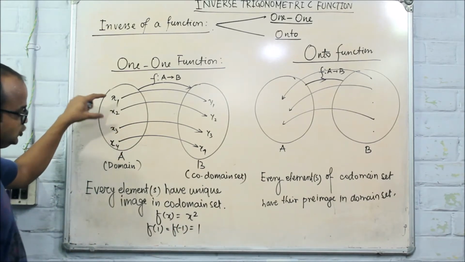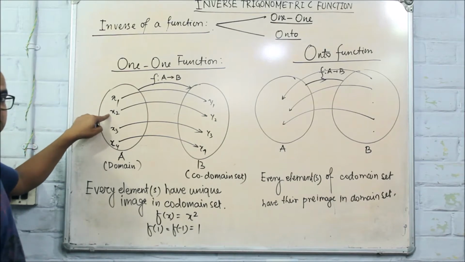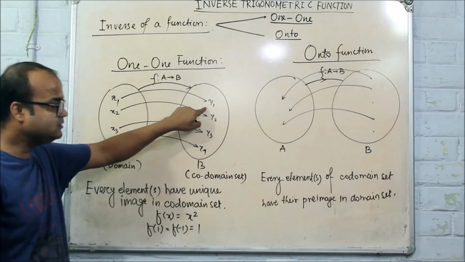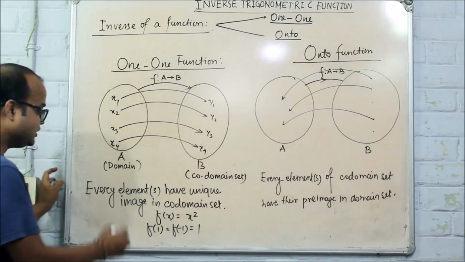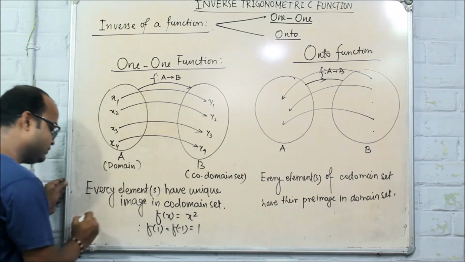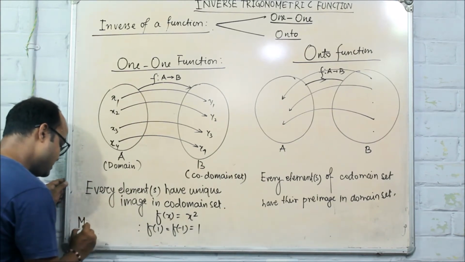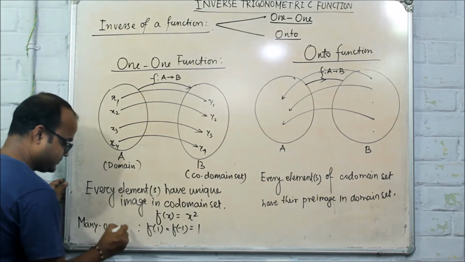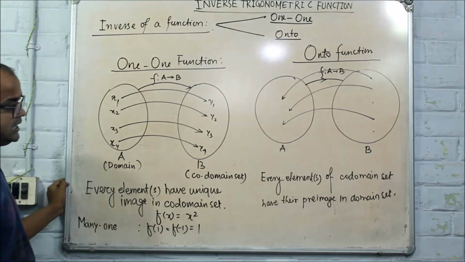Now see, there are two elements 1 and minus 1 in the domain set, and they have the same image in the codomain set. So this is not a 1-1 function. Then if it is not a 1-1 function, we call it a many-one function.